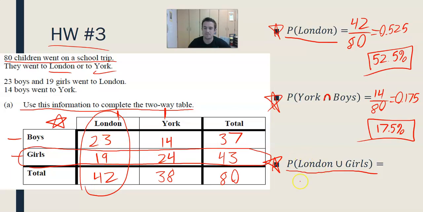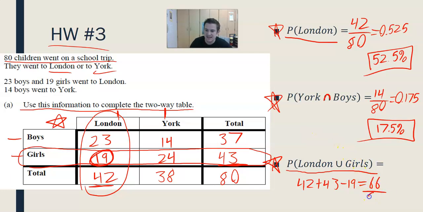Either or. So notice here that there are 42 people that went to London, and there were 43 girls. But notice again, when I add those two totals, the London group and the girls group, I'm double counting these 19 girls who also went to London. So I have to subtract 19, so I don't double count. 42 plus 43 minus 19 is 66.